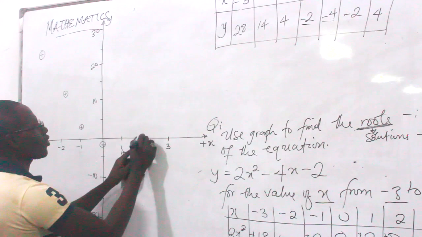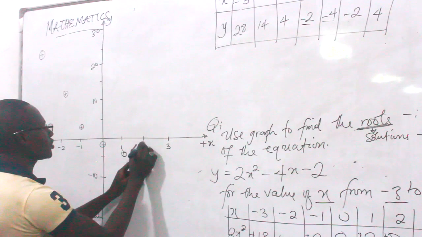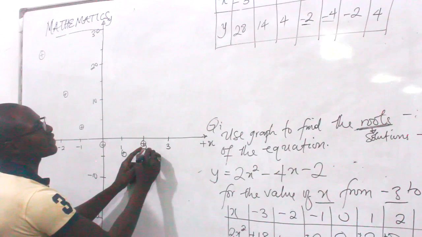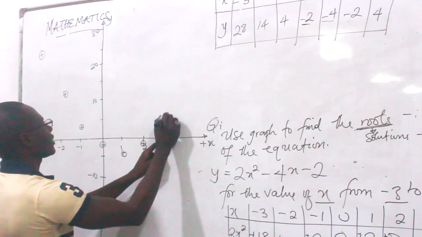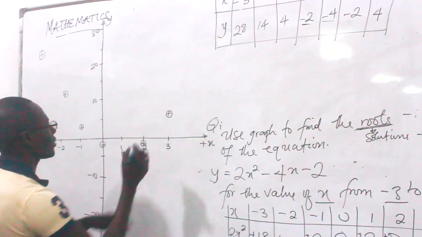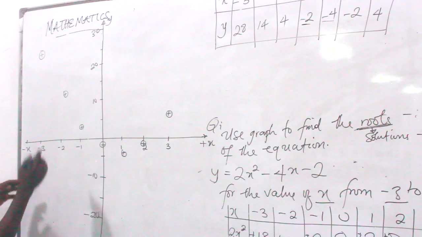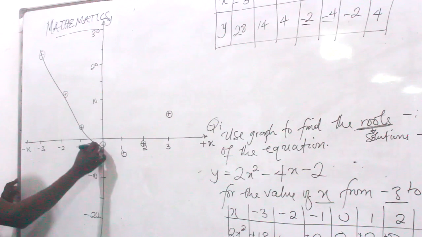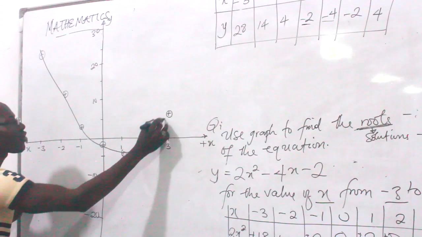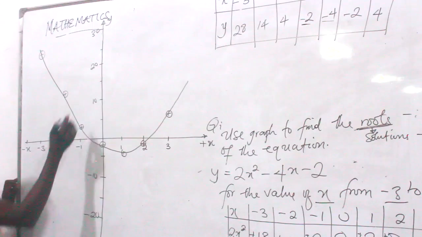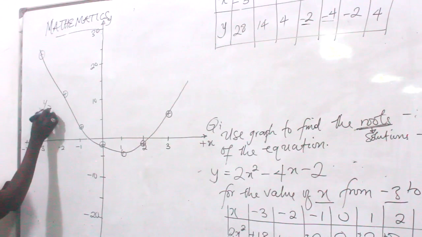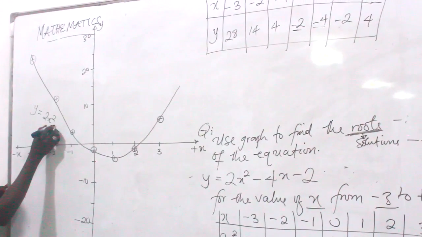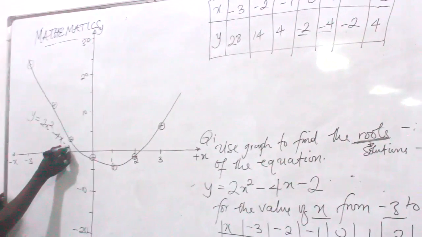When x is 2, y is minus 2. And when x is 3, y is 4. So the graph is completed. Now join the points and obtain the correct solution. So this is the graph of y equals 2x squared minus 4x minus 2.